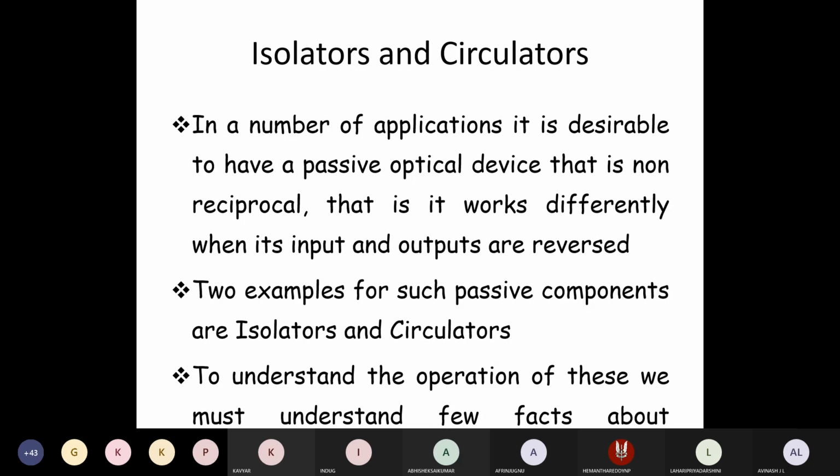If it is made to pass parallel vibration, perpendicular vibration will be blocked. Similarly, if it is made to pass perpendicular vibration, parallel vibration will be blocked. In either way, it is true. The device which performs this action is called a polarizer.